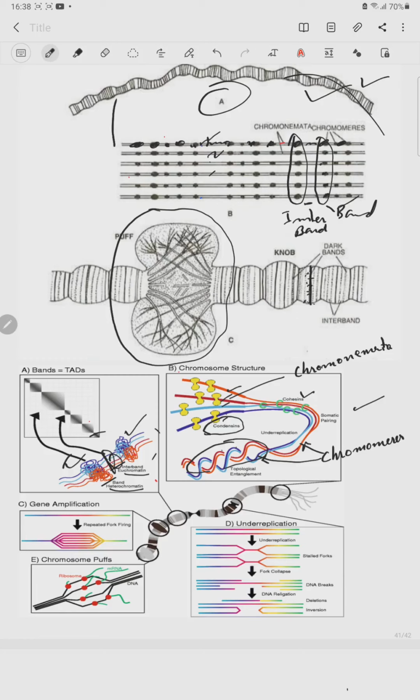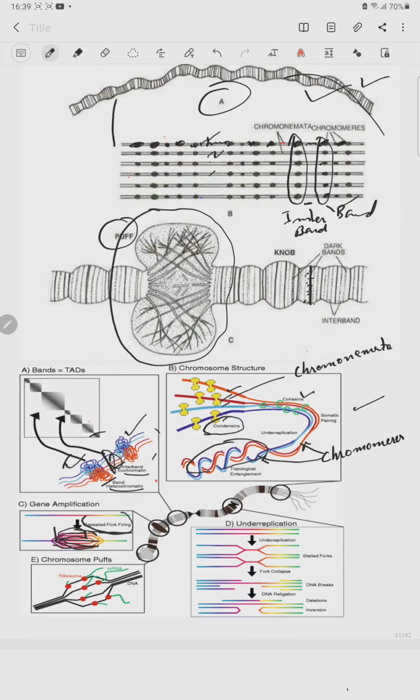These genes amplify or replicate multiple times with the help of repeated fork firing. Repeated fork firing means a single DNA strand replicates, and in this way it results in the formation of a swelling at the dark band site on the polytene chromosome, and results in the formation of a puff.